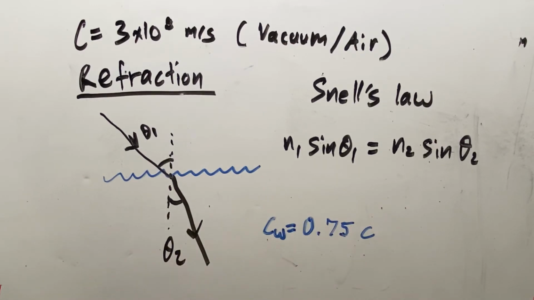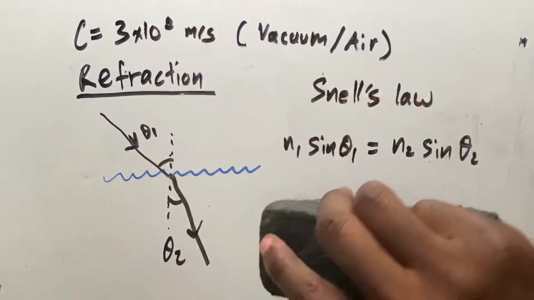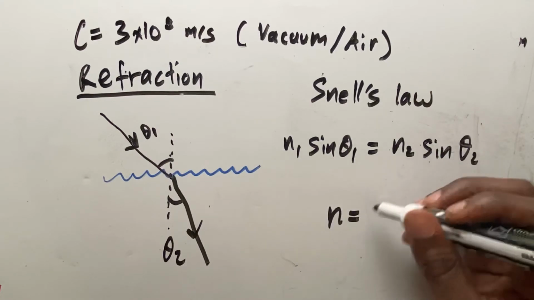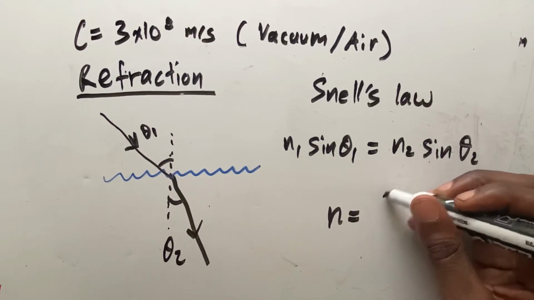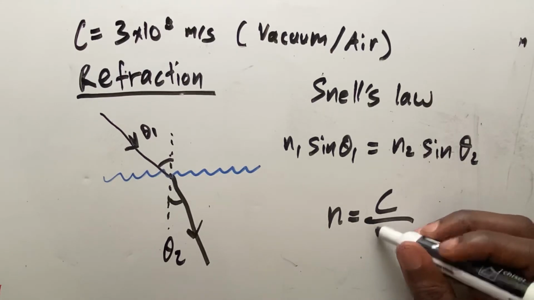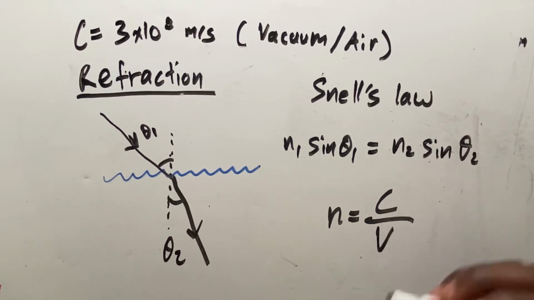So let me see if I can describe that a little better. The index of refraction is basically given by the ratio of speeds. So it's basically the speed of light divided by the speed of light in whatever material it's in.